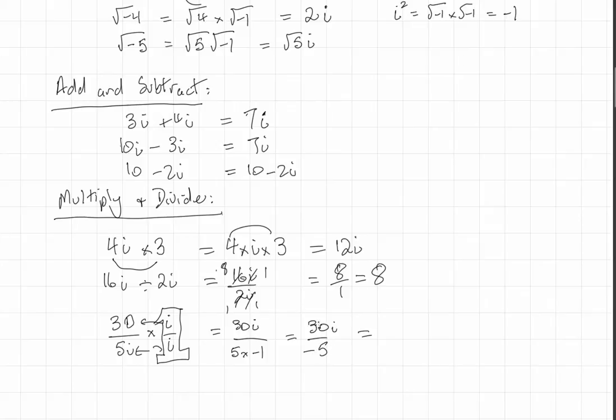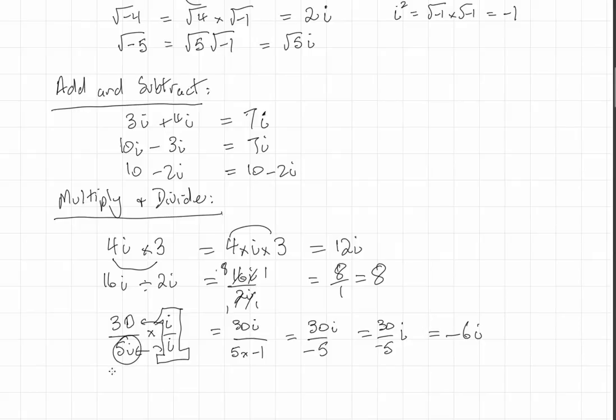We are dividing -5 into the 30. Don't forget there's a multiplier there. So we could write that as 30i over -5. A positive divided by a negative is a negative. 5 into 30 goes 6i.